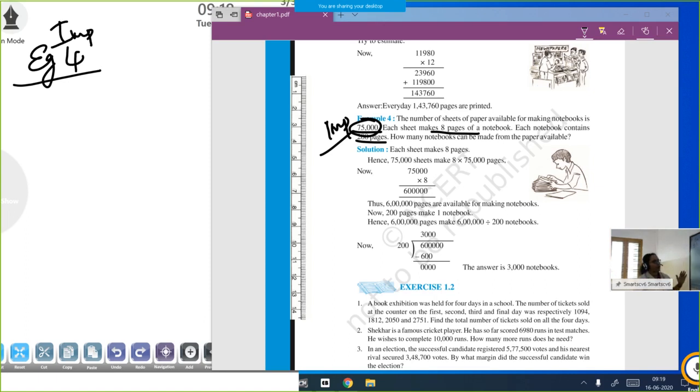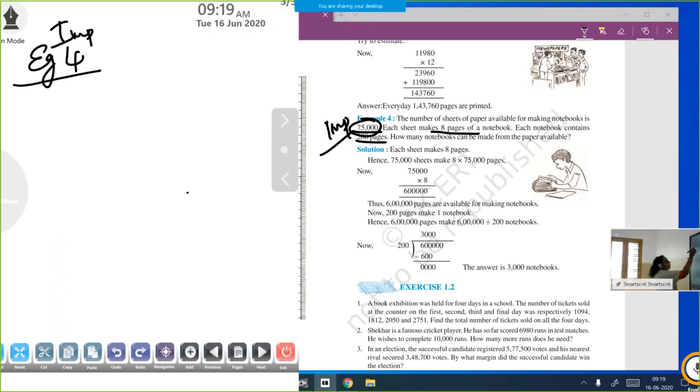So first part means we are writing the total number of sheets, 75,000, and from each sheet we can make 8 pages. Then first find out the total number of pages. First teacher is going to find the total number of pages.